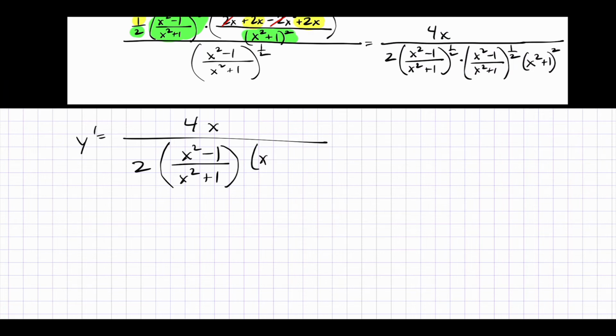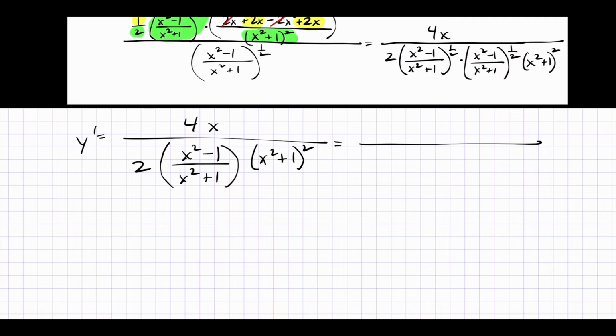And then I have x squared plus 1 squared. Okay. I could distribute this 2 here, but it's not necessary because of my next step. It's just going to make the next step a little more confusing.